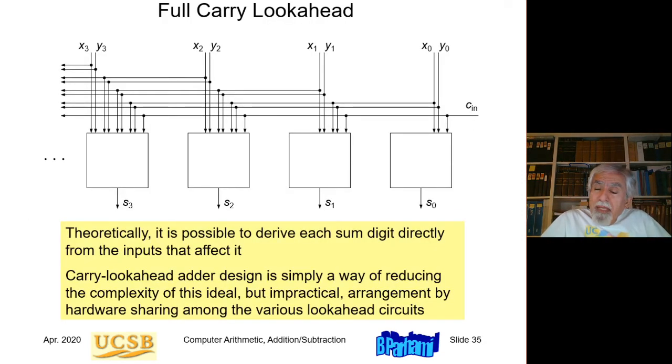So given that each carry is a function of all the digits to the right, for example, carry into position 3 of an adder is a function of x2y2, x1y1, x0y0, and c-in, we can directly compute each of these carries by looking ahead to all those digits and then compute the sum.